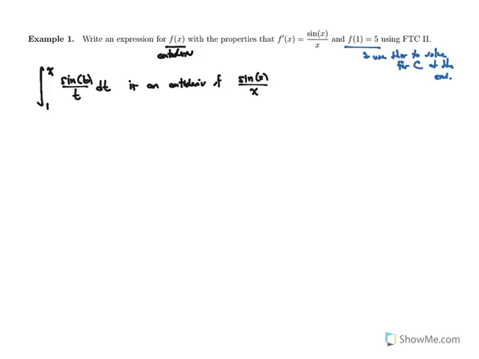So if I want to find the set of all antiderivatives, I can write one antiderivative plus a constant c.